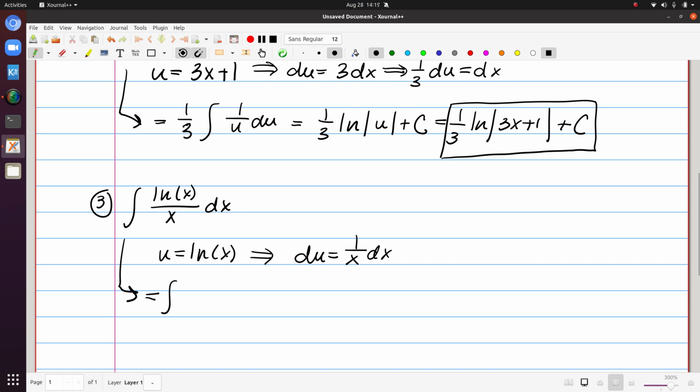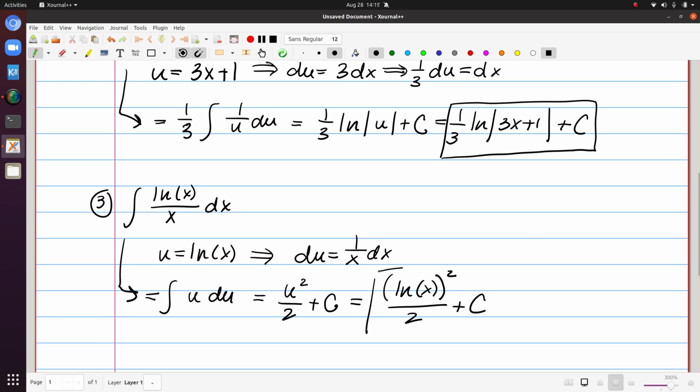So this integral now can be expressed as simply the integral of u du, giving us the antiderivative of u squared over 2 plus a constant c, which is the same thing as the square of the natural log of x over 2 plus c.